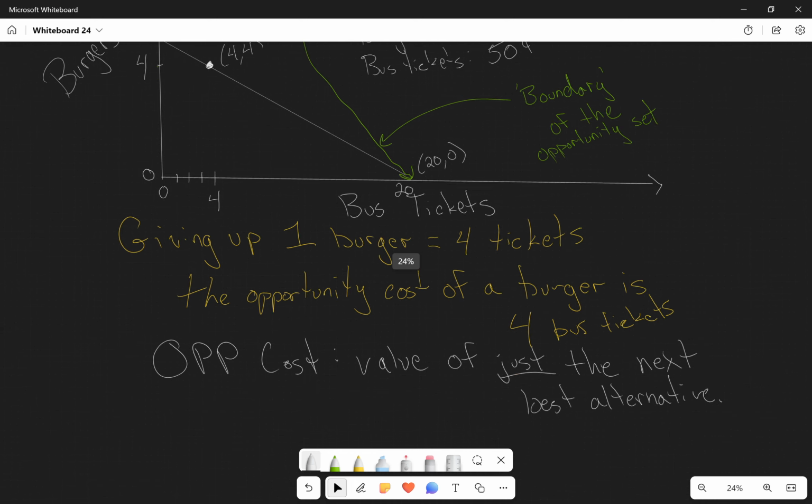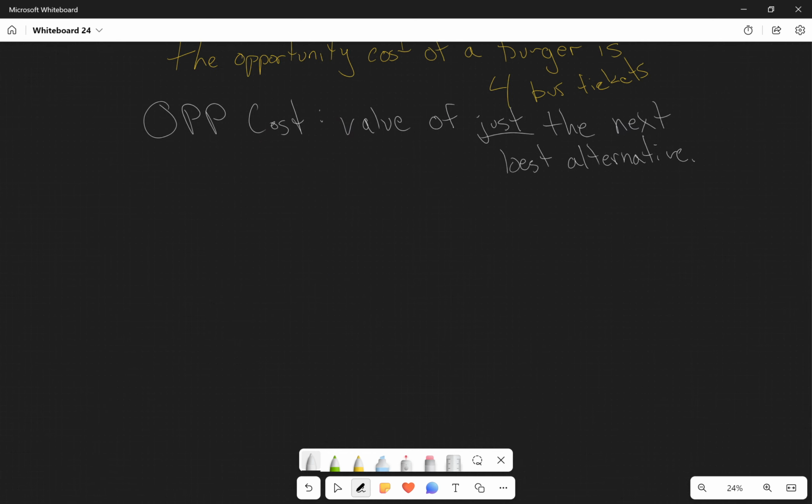So real quick, let's just do a generic budget constraint. There's a couple of zones I want to point out to you all. So the classic opportunity costs situation is guns and butter. Kicking it old school.